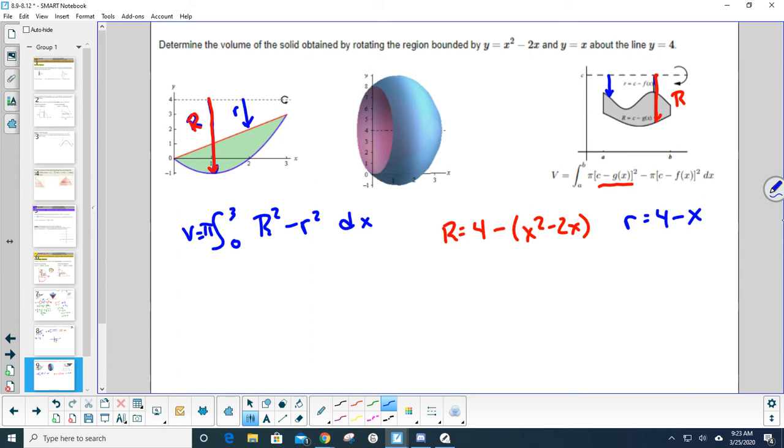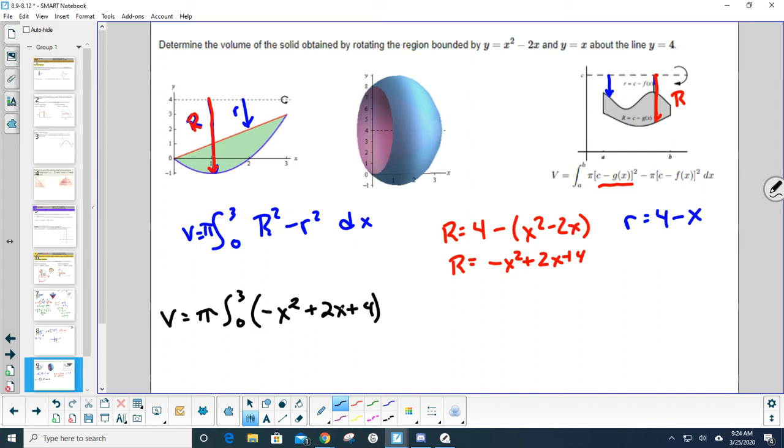So I'm going to go ahead with big R, just because I'm a little bit anal, and make it negative x squared plus 2x plus 4. I just got rid of the parentheses and put it in standard form. And I'm going to come over here to my equation, and I'm going from 0 to 3 of negative x squared plus 2x plus 4.